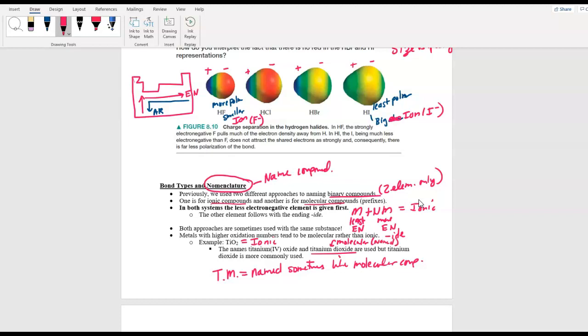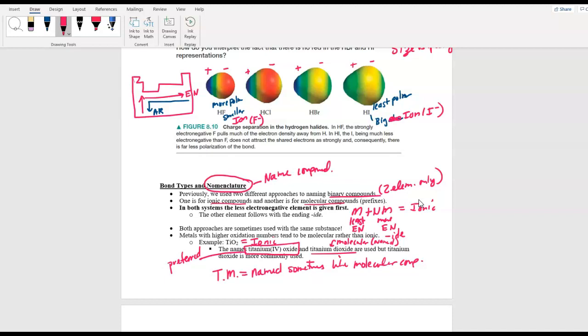And that's okay. If they name it that way, they name it that way. They're trying to give you the biggest hint ever: you have one titanium and two oxygens. However, the proper naming is the one that treats it as ionic, so that is the preferred naming.